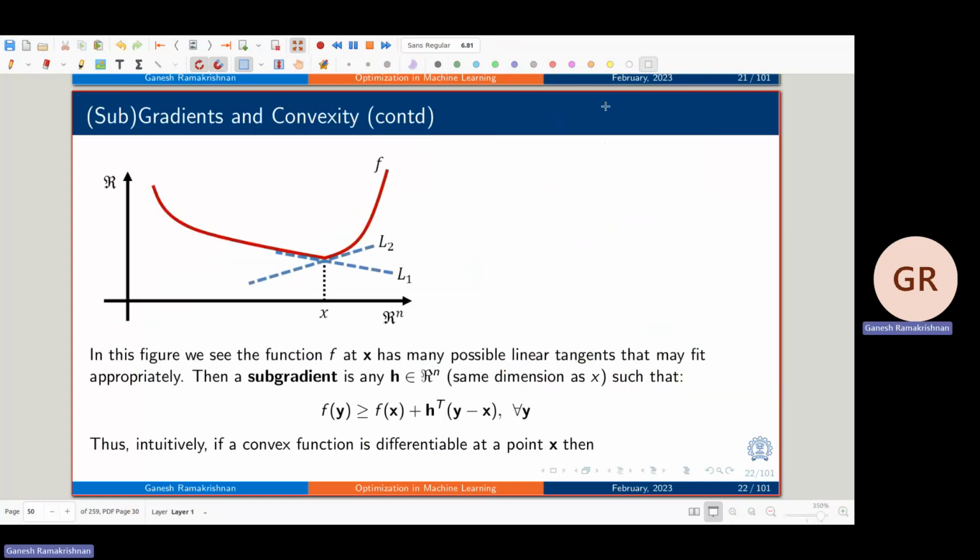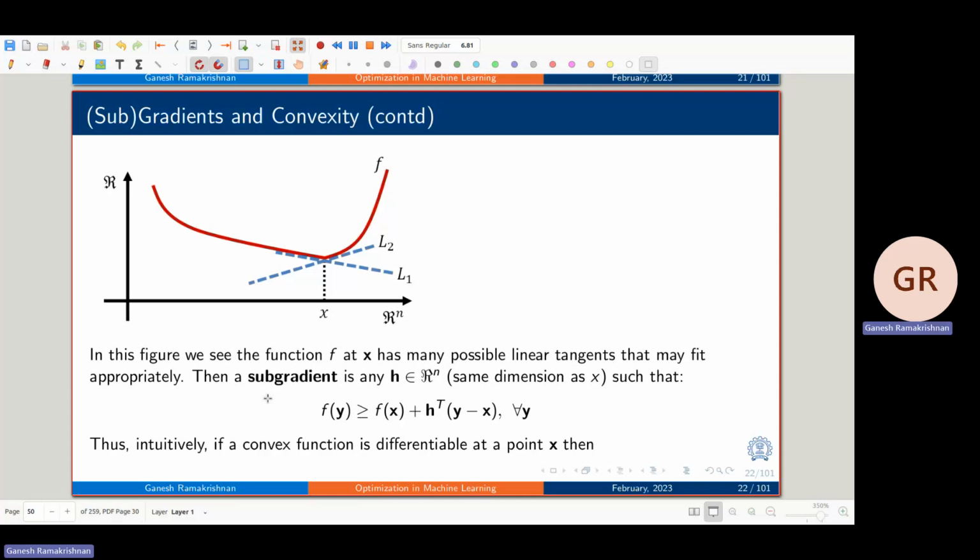So this is subgradient. A subgradient h is basically any vector which leads you to this inequality for all y's. So for a given x1, if h of x1 is such that this inequality holds for all x2s, then we say that h of x1 is a subgradient at x1.